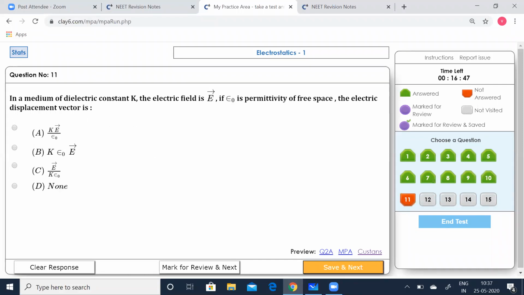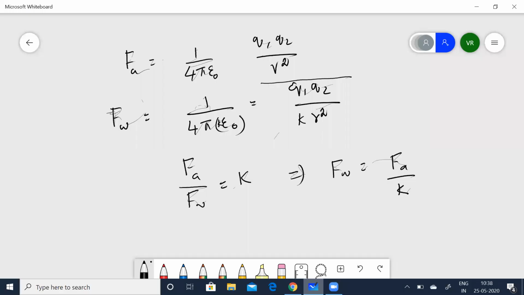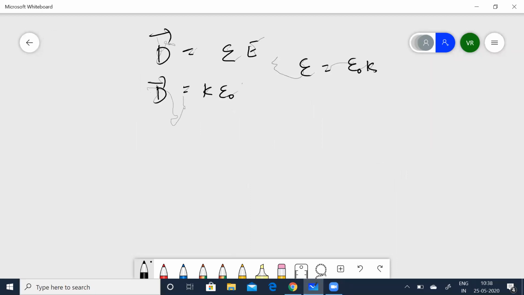In a medium of dielectric constant K, the electric field is E vector. If epsilon 0 is the permittivity of free space, the electric displacement vector is what? The electric displacement vector is given by D vector equal to epsilon times E, and epsilon is equal to epsilon 0 into K. So D vector is equal to K epsilon 0 E vector.